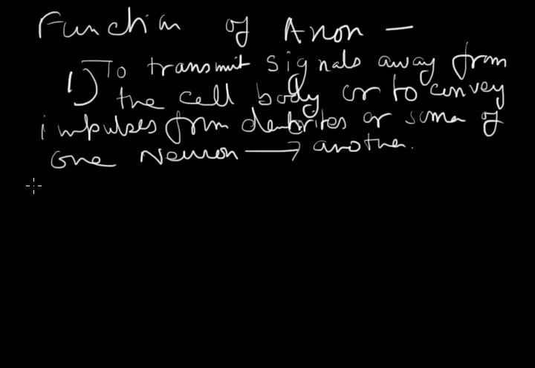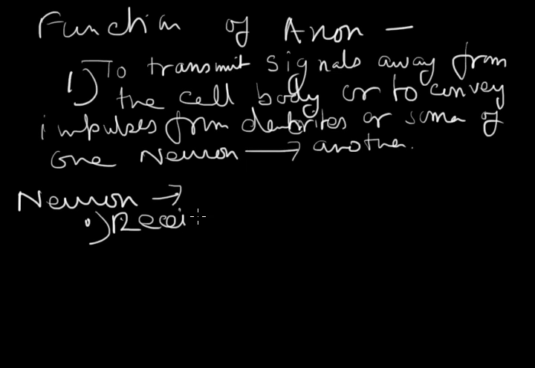And if we consider the function of the neuron, there are basically three aspects of the overall function of the neuron. One is receiving signals or information.